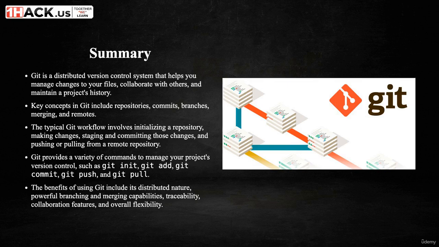Additionally, we discussed the various Git commands that you can use to manage your project's version control, such as git init, git add, git commit, git push, and git pull. Finally, we highlighted the benefits of using Git, including its distributed nature, powerful branching and merging capabilities, traceability, collaboration features, and overall flexibility.